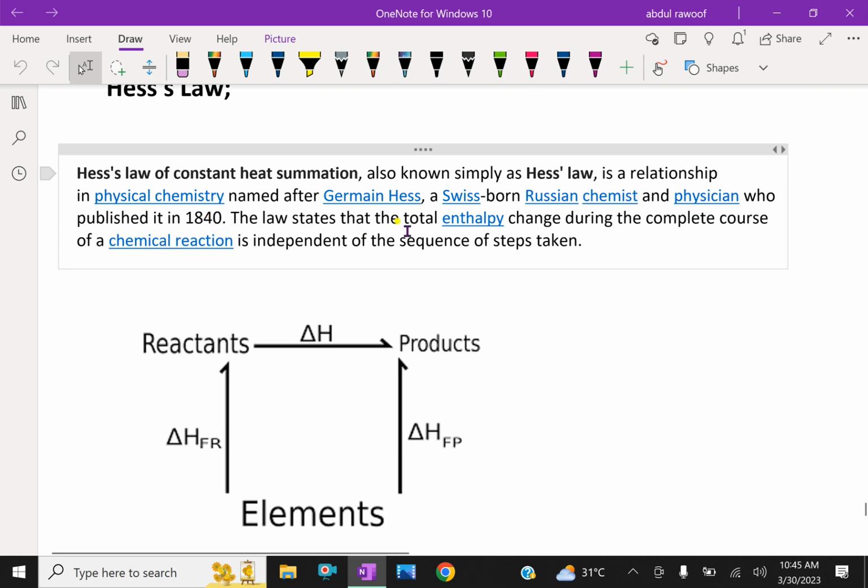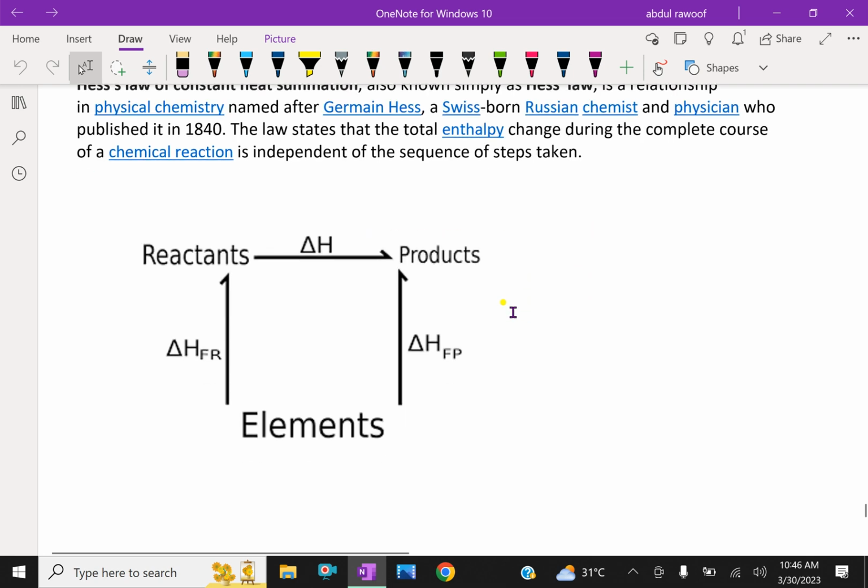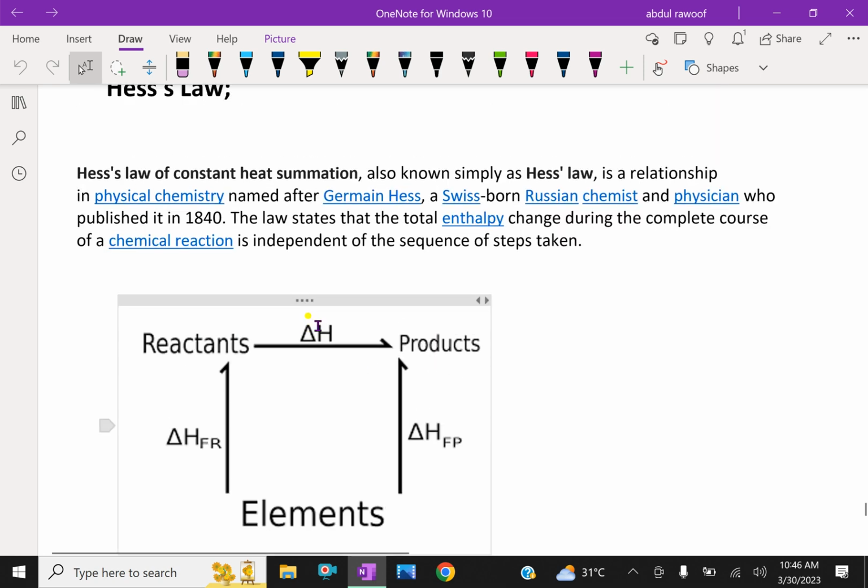The law states that the total enthalpy change during the complete course of a chemical reaction is independent of the sequence of steps taken. Here, the reactants become products when delta H is given. This is the schematic explanation of Hess's law.